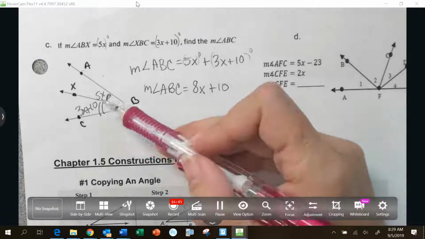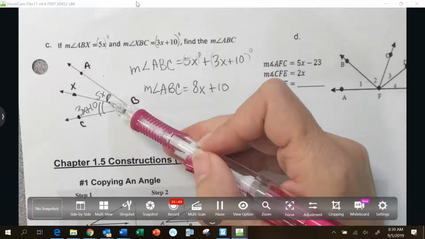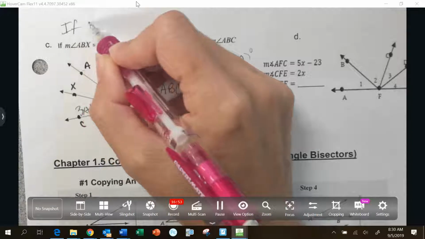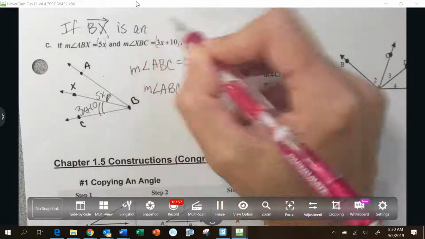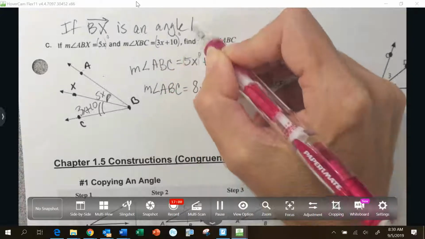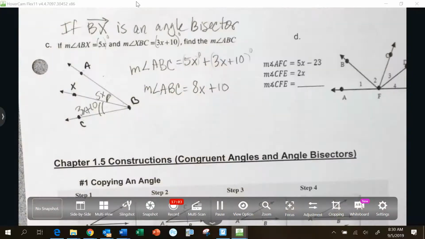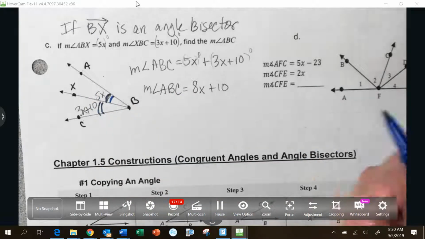If I knew that these were equal to each other, if BX is an angle bisector, if I gave you that piece of information, what could we do now? If I knew that these two were congruent angles.